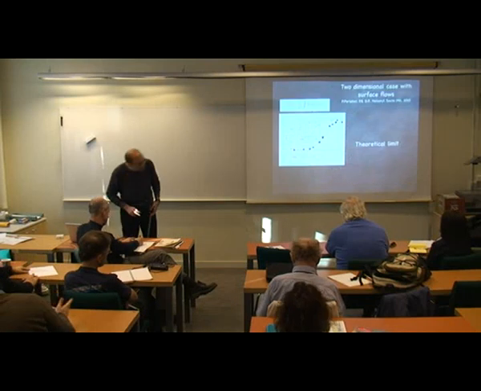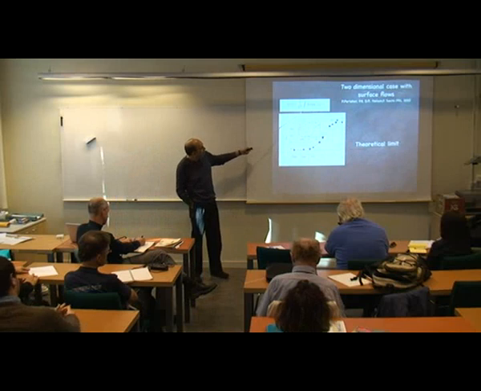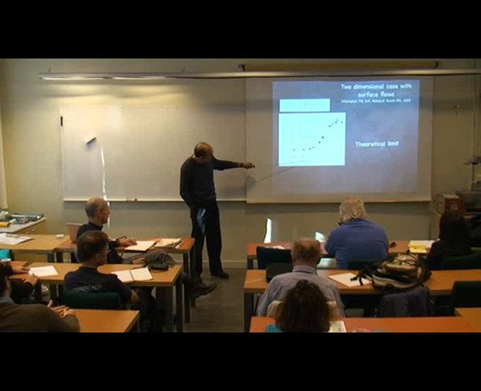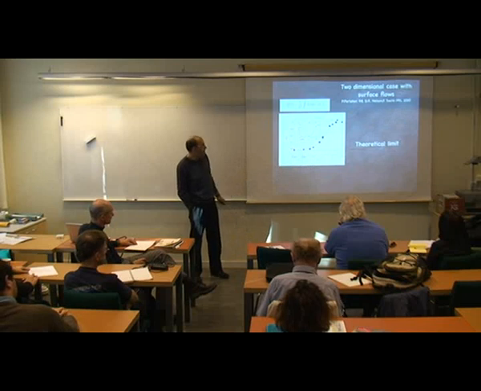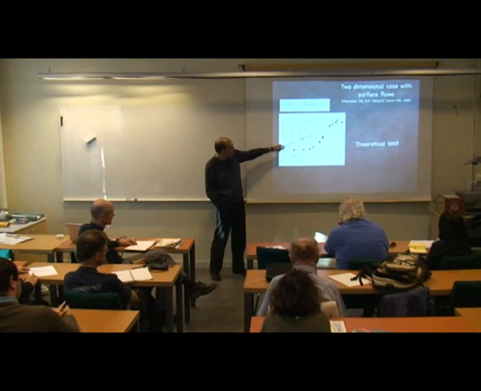Now this is true also in 2 dimensions, because if you do the numerical simulation in 2 dimensions and you look at the limit of very small mu, now this is mu multiplied by the Kolmogorov time, so the limit is done in dimensionless units. And these are 2 different resolutions, I guess 128 and 512.